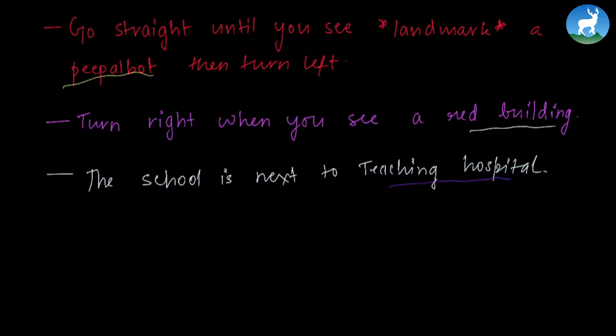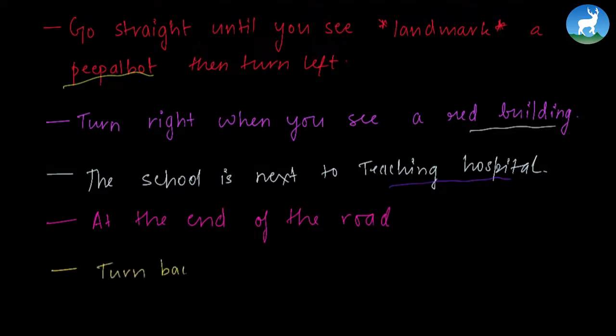There are other answer structures, like at the end of the road you can see the school, or if the person is already past his destination, you can say turn back because he's already past the destination. So you can say you have gone past the road. Okay, so these are the answers and questions.